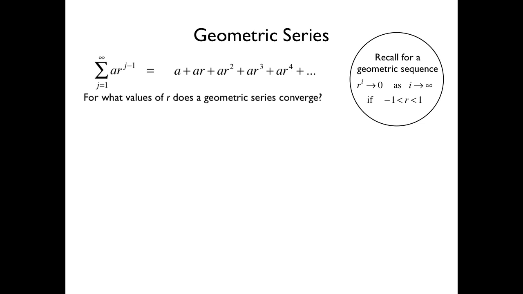All right, so here's what we're going to do. We're going to take the sequence of partial sums and look at the kth term of the sequence of partial sums. So the kth term is a plus ar squared all the way out to ar to the what? Not k.